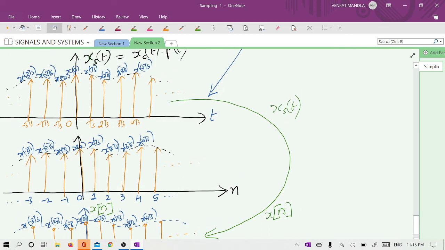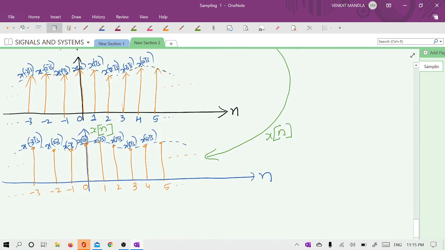Here x of 4ts means the area of this impulse. So x of 0 means the area of this impulse. But here x of 0 means this is not area, this is the strength of this sample. This is x of ts, meaning the strength of this sample. That is the only difference.